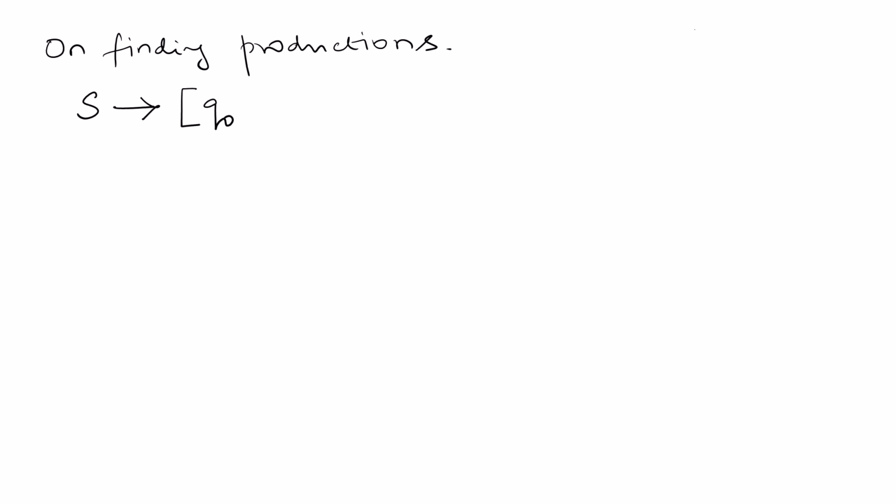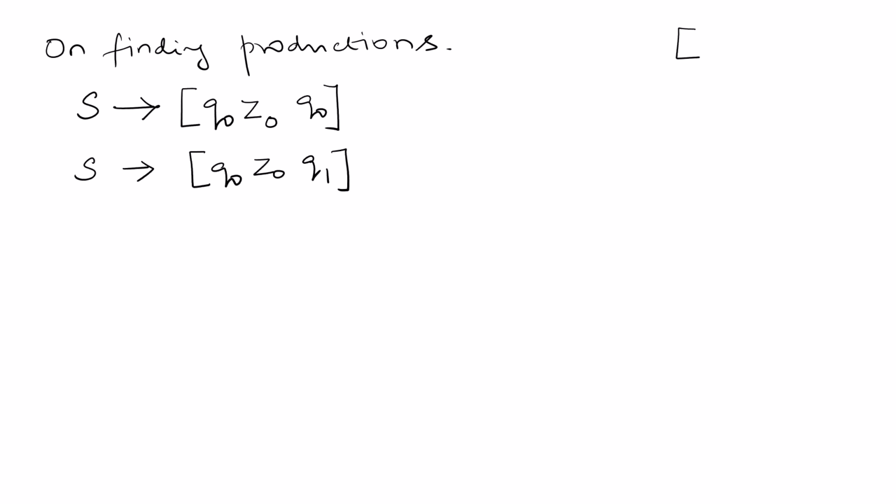We have the start state and the start stack symbol. What are all the possibilities? We have Q0 Z0 Q0. This is one variable. The other is S implies Q0 Z0 Q1. So these are the two possible variables, from the start state and from the stack symbol. So these are the two productions which we want to add to the context-free grammar.